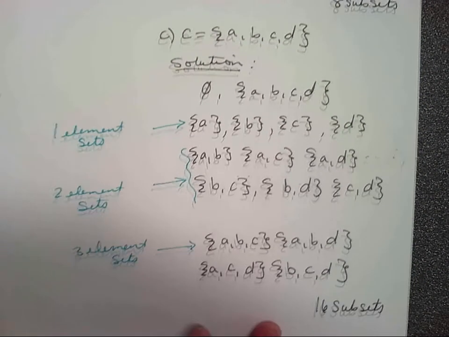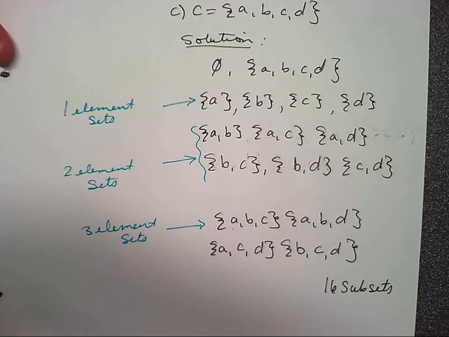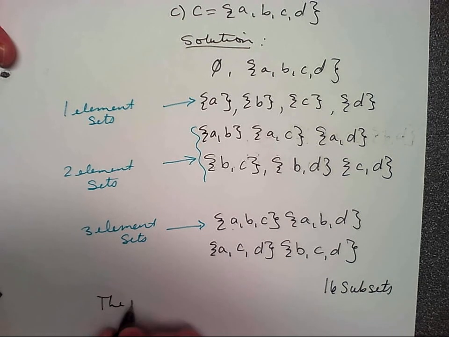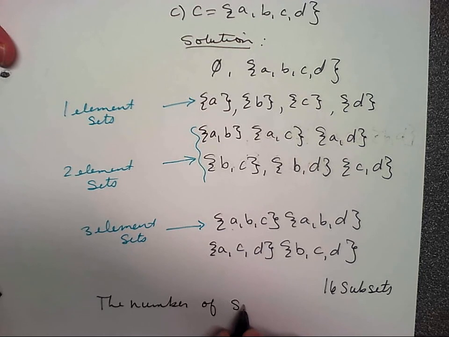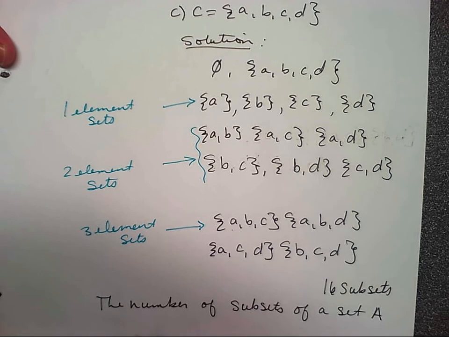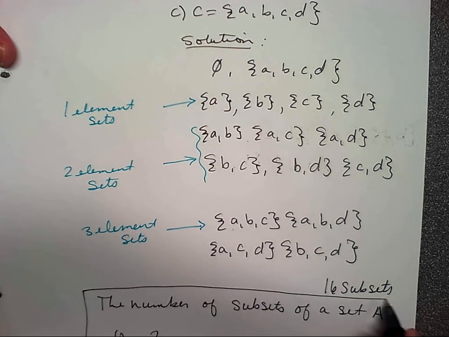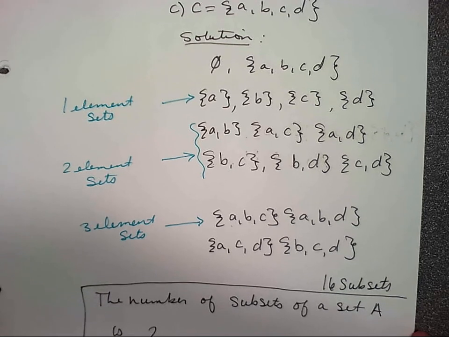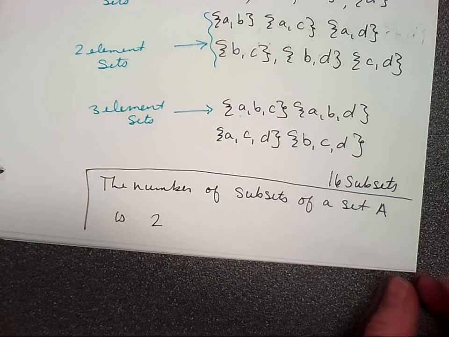So I think we have a formula, right? Okay, so the number of subsets of a set A is 2 to the number of elements of the set. How can I say the number of elements of the set?